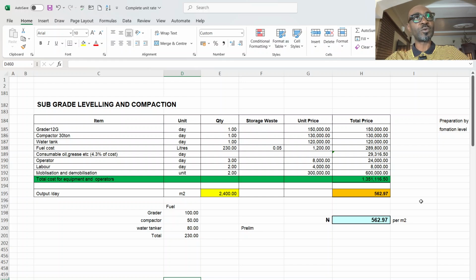As we all know, during road construction, there are layers of events that will get to where you are expected to level and compact for the other steps to follow.